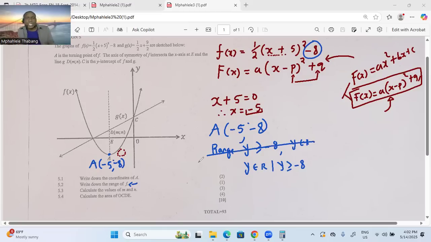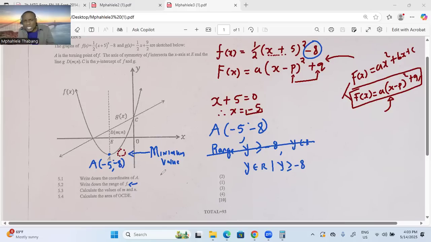Because the graph turns at negative 5 and negative 8, the lowest value of y the graph can have is negative 8. This turning point is actually called the minimum point. I can say it's a minimum point, or it's where we find the minimum value, or the lowest value of a function.